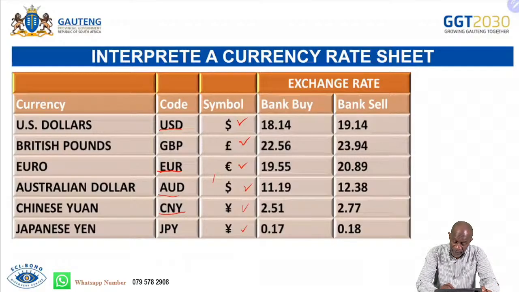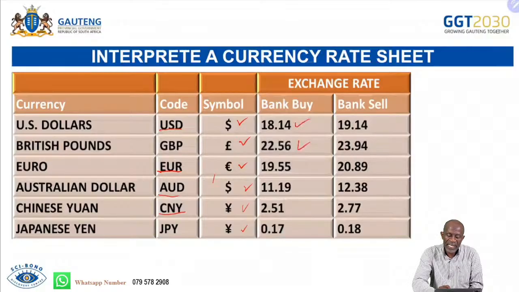A person with US dollars will buy a rand at a value of 18 rand 14 cent. If you want to buy a British pound, the bank will sell it at 22 rand 56, and the euro at 19.55, and as indicated here, the Australian dollar at 11 rand 19, the Chinese yuan and the Japanese yen at 2 rand 51 and 0.17 cent, respectively.